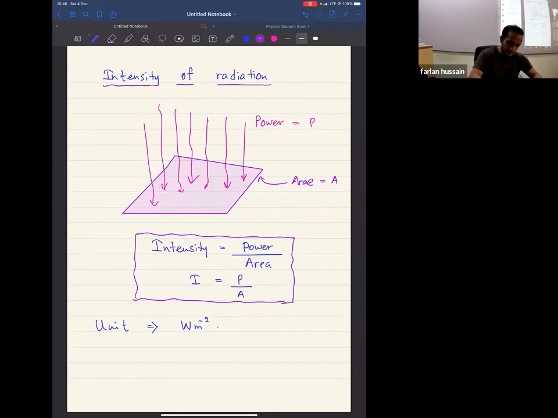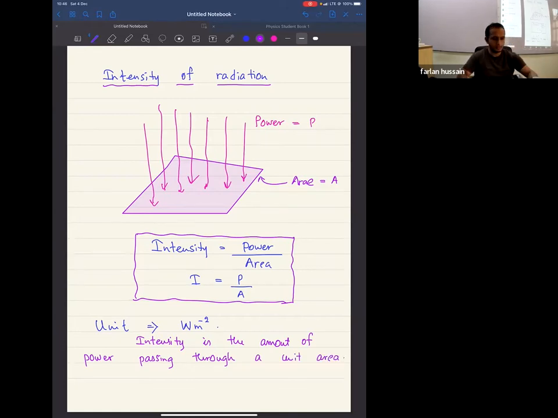Right under that: intensity is the amount of power passing through a unit area.